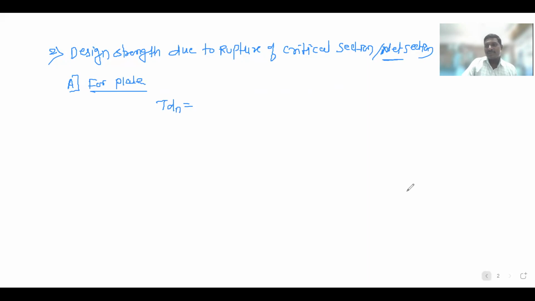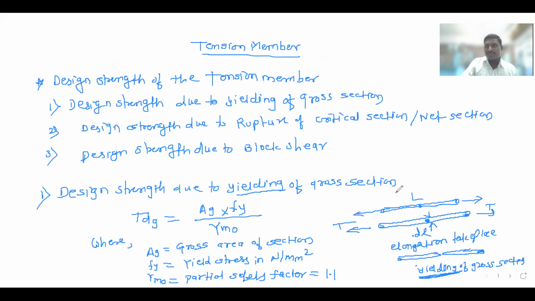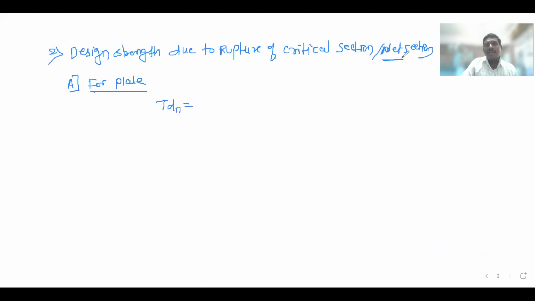In the last we have seen gross section. If we calculate the area of the whole bar, that is the gross section. And to calculate the net section or net area, whatever bolts we have provided, that bolt area we have to deduct, then it will be the net section.